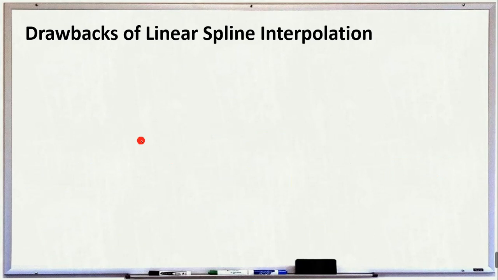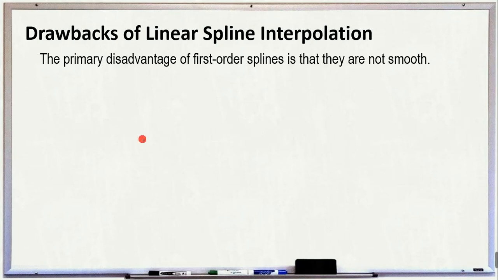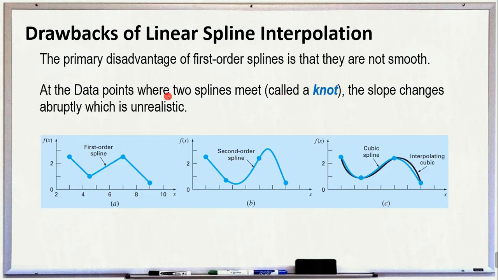Now, there are some disadvantages of using linear spline interpolation. The primary disadvantage of the first order splines is that they are not smooth. At the data points where two splines meet, called a knot, so these are the knots, the slope changes abruptly, which is unrealistic for the first order spline.